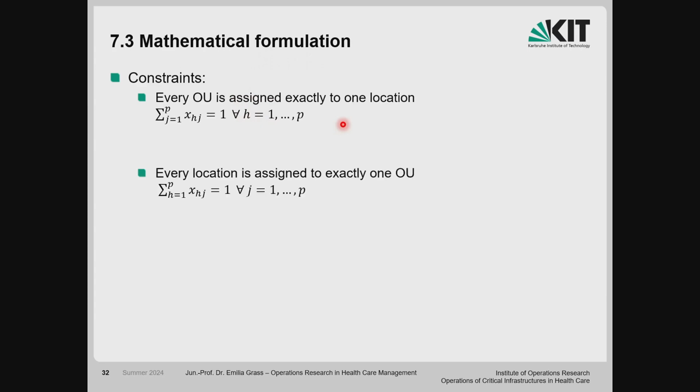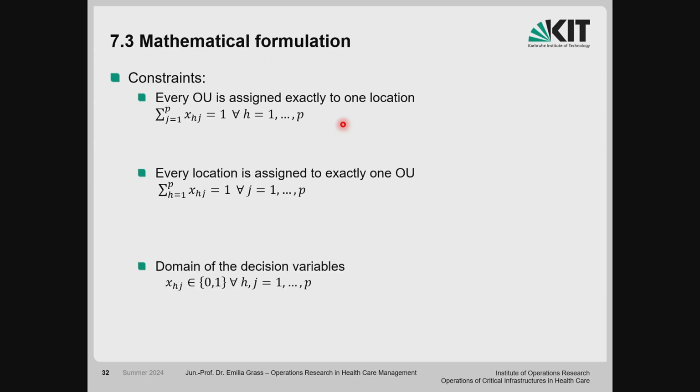Then, every location is assigned to exactly one organization unit. So the other way around, basically every room can only host one organizational unit. You can see it's a very simple model, but you have many combinations, and you have this nonlinear term in the objective function. Okay.